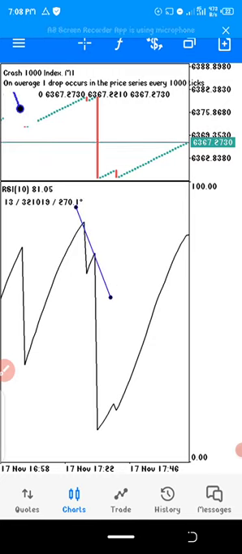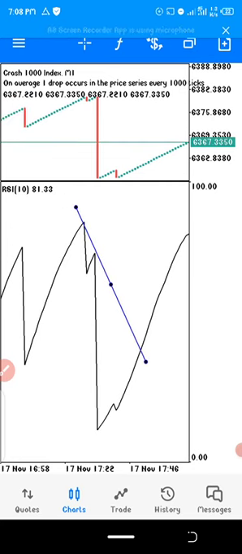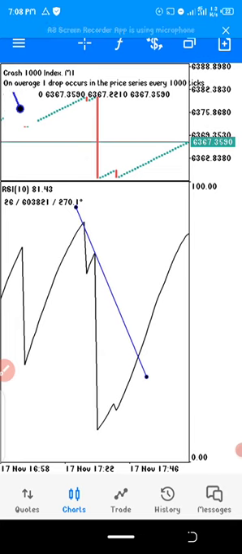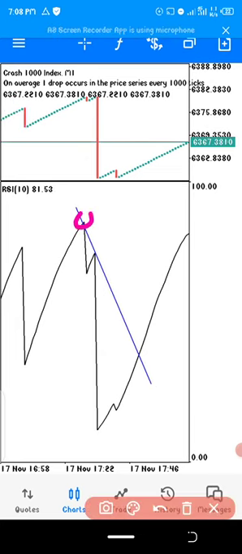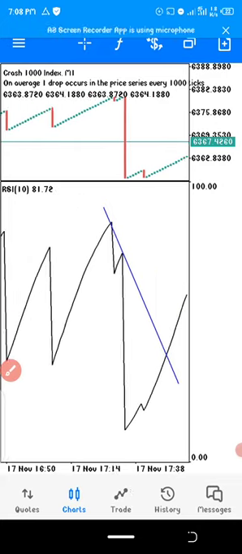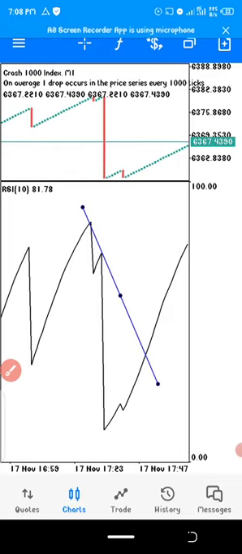You want to make sure it is actually very correct, touching the peak of the trend. We have the first touch, the second touch, and then we have the breakout. Boom. That is basically how this works.